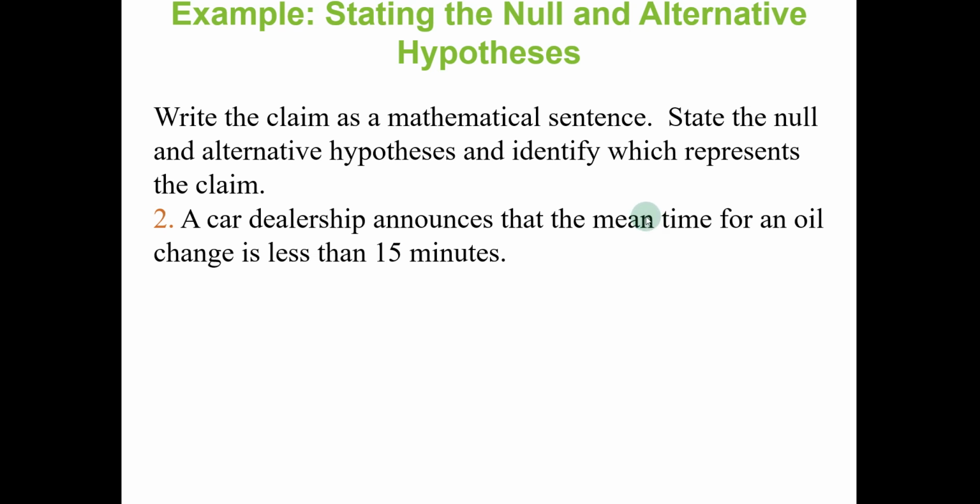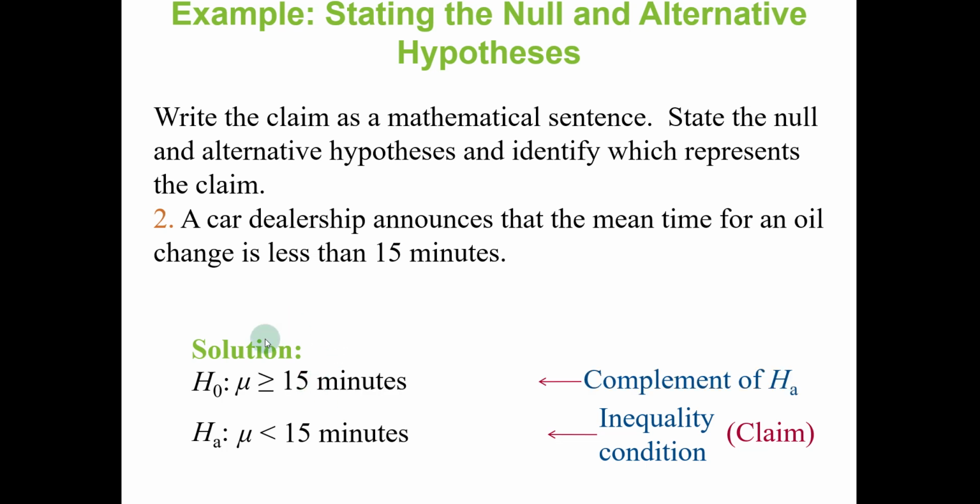When it says less than, you know that the pair you are using is the less than and the greater than or equal. So for your null hypothesis, you remember I said the null hypothesis must always have the word equal attached to. So in this case, we are using greater than or equal for your null hypothesis, and the alternate, you will use less than, based on the pairs I presented earlier.